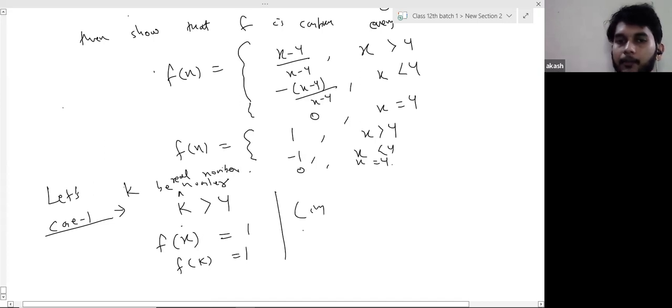What will be limit x tending to k of f of x? Again, I can put f of x as 1. So what will be this value?